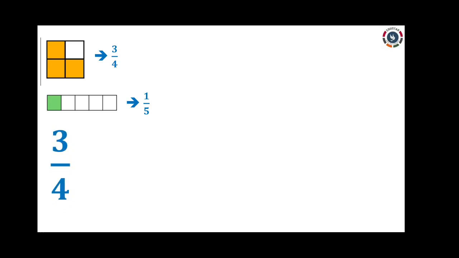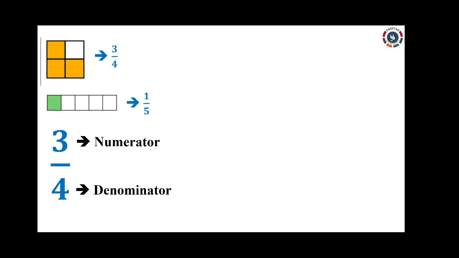Next, 3 by 4. 3 is the numerator and 4 is the denominator. Denominator represents the total number of equal parts and numerator represents the number of parts used or colored or shaded.